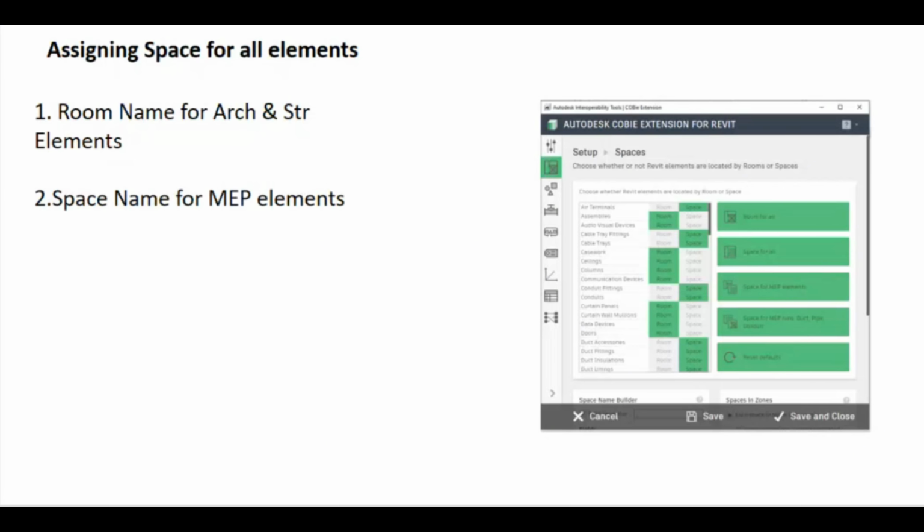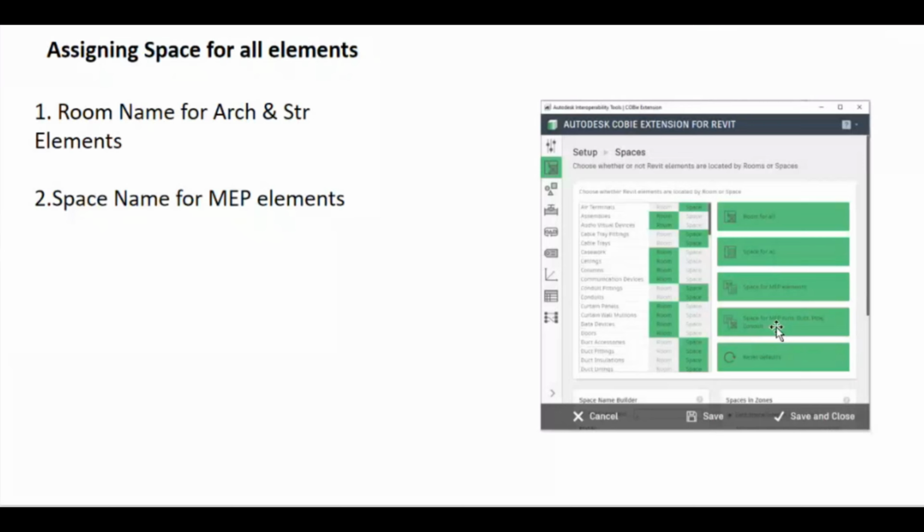There are options you can see. If I click room for all, it will take all as a room. If I give space for all, it will take all as a space. If I click space for only MEP elements, it will take only MEP elements as space. The remaining architecture section elements will be given as a room. Clear, right?